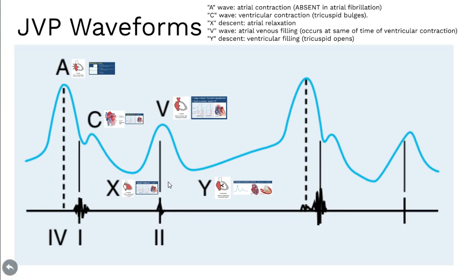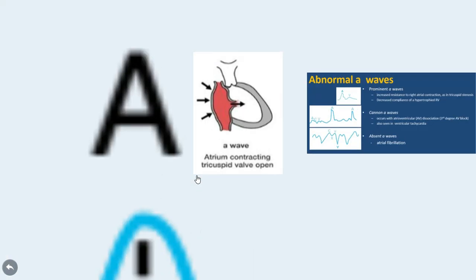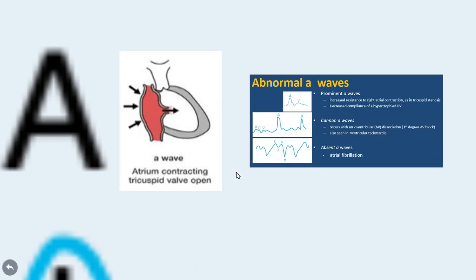For the JVP waveforms, I also have to check for this. There are three waves: the A wave, C wave, and then the V wave. And there are two descents: the X descent and the Y descent. The A wave stands for atrial contraction, while the tricuspid valve opens.